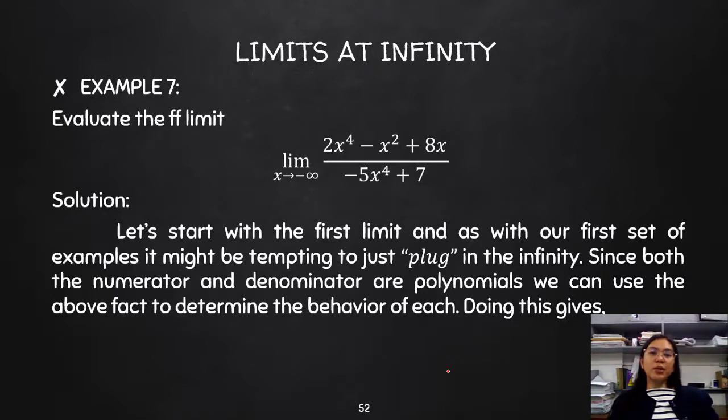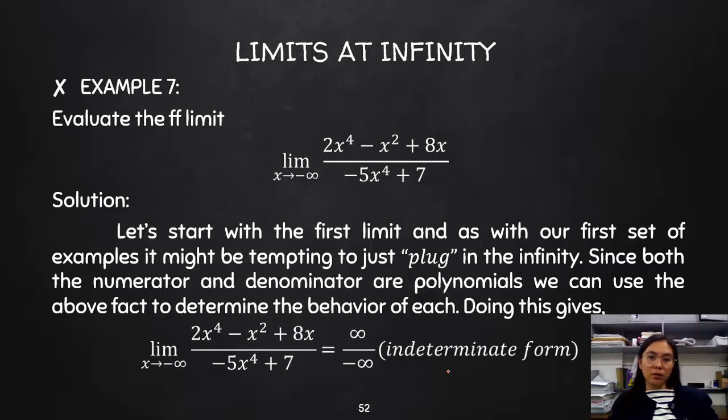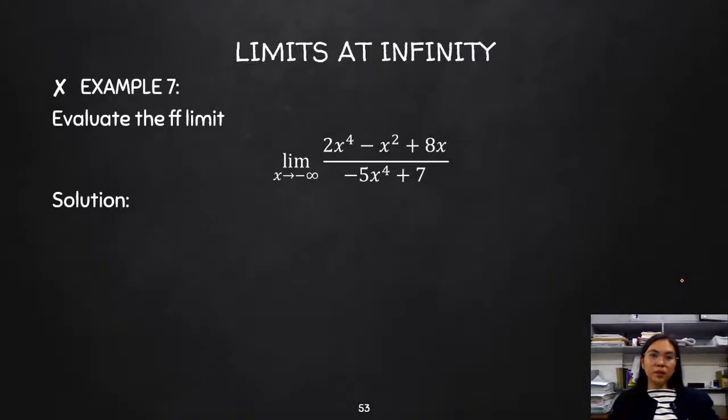But since both the numerator and the denominator are polynomials, we could use the above fact to determine the behavior of each. So doing this will give us this particular value. So if you try then to plug in infinity in both your numerator and the denominator, you will come up with this answer, infinity divided by negative infinity, which is of course indeterminate.